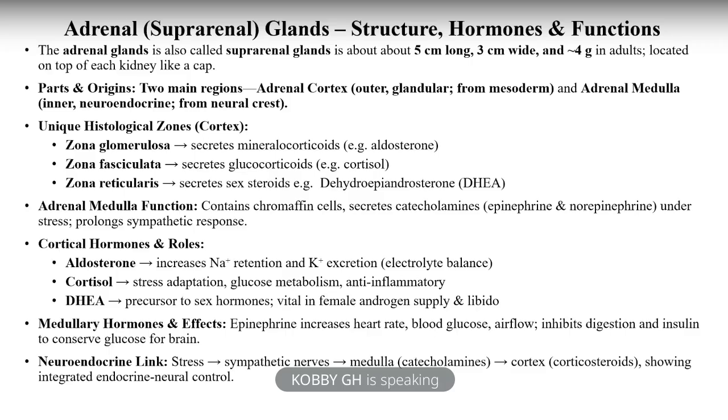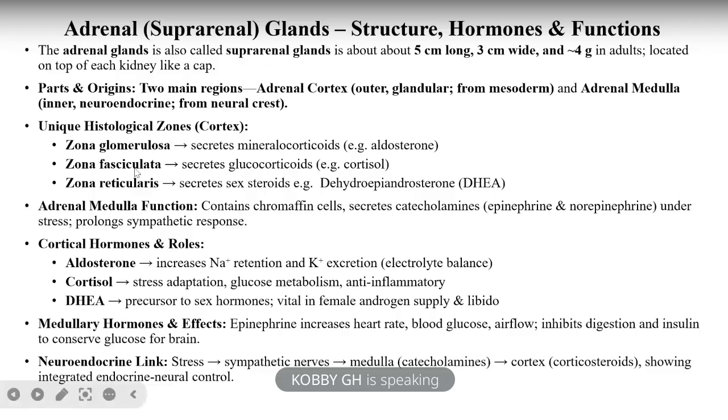So they give you a medicine that will bring the inflammatory activity down. An example of those medicines is corticosteroids. Your body naturally produces corticosteroids, just that sometimes we have to supplement them with synthetic medications. So the zona fasciculata secretes the glucocorticoids, for example corticosteroids.